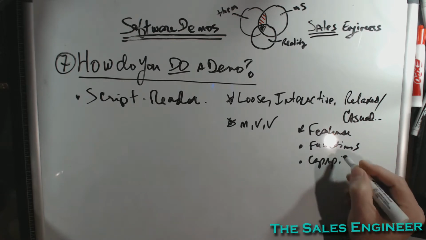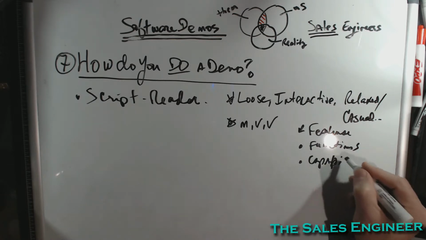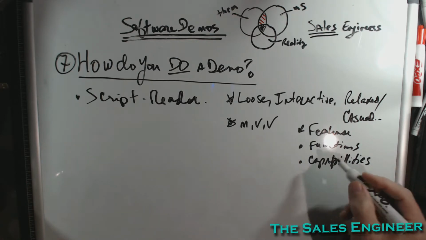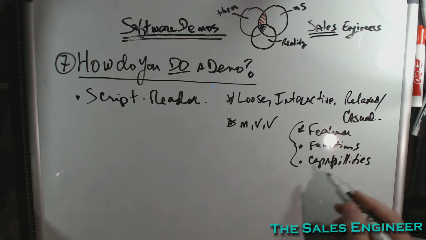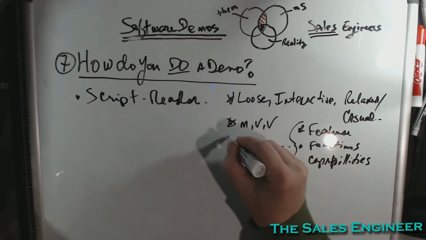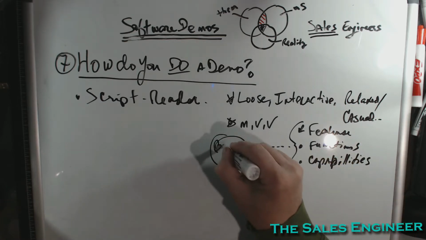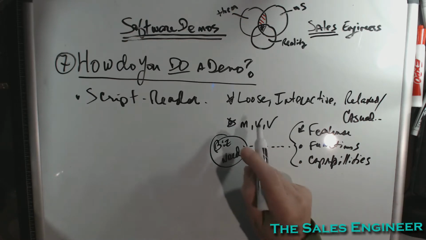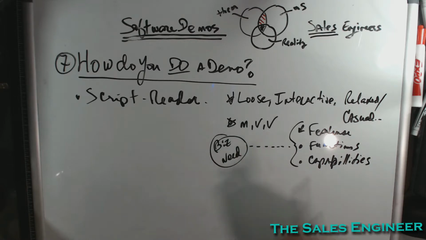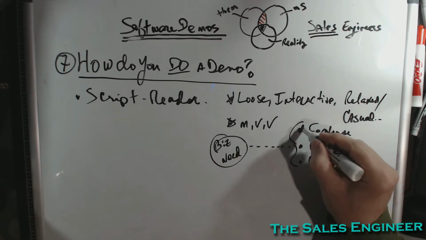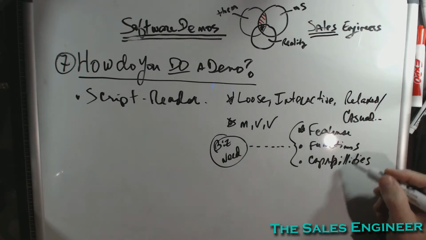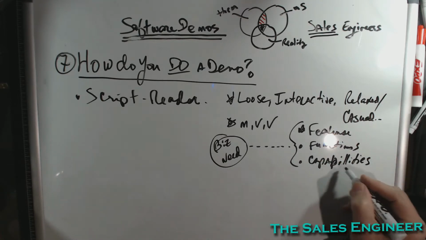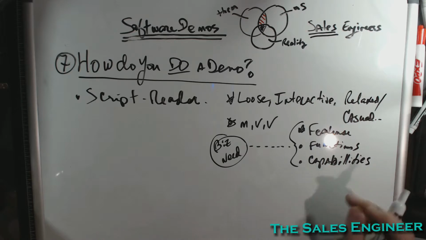We talk about features, functions, and capabilities, but only as they apply to the business need, whether it's a problem or an opportunity. I don't go through a list of every feature, every function. Please hold all your questions. I only talk about the capabilities. Why? Because you're going to bore people to death.